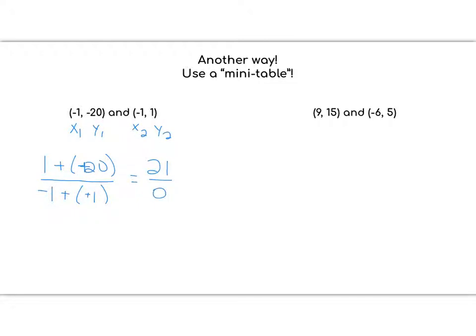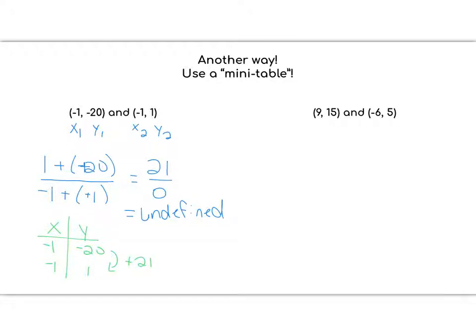21 over 0, this is what? This is undefined. Now, what if instead of the slope formula I had made a mini table? What if I did an x and y column and I put -1, -20, and then -1, 1. Okay, so how do I get from -20 to a +1?